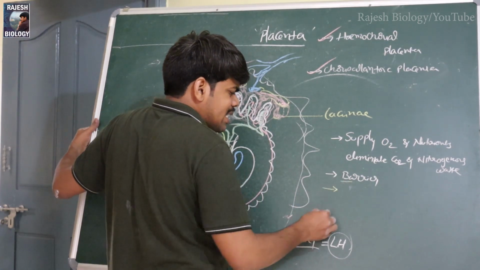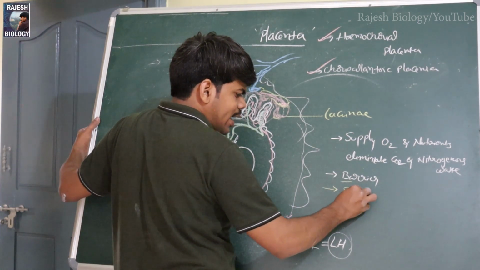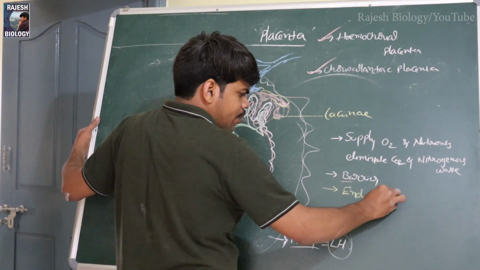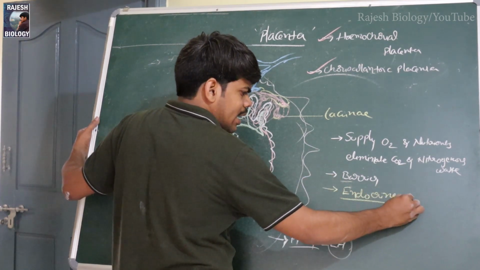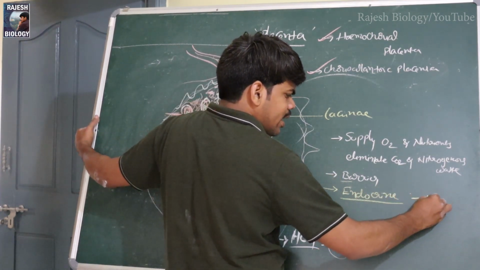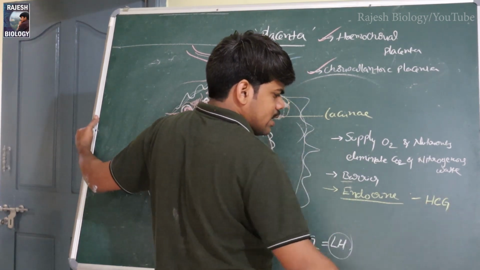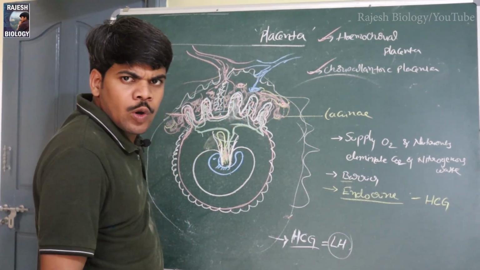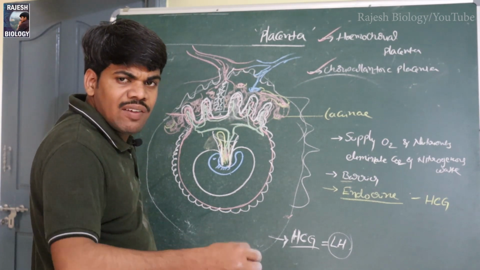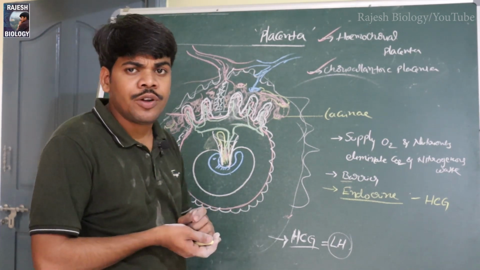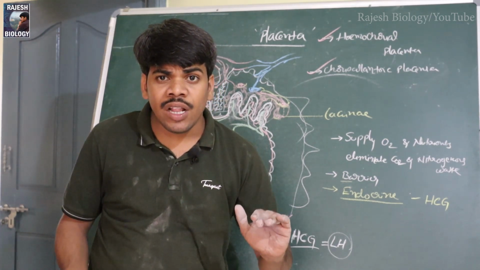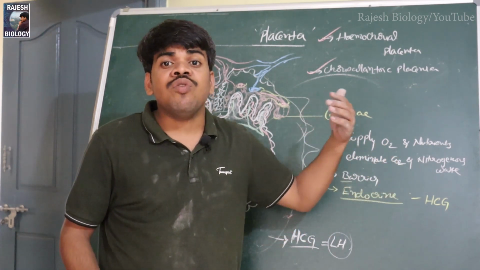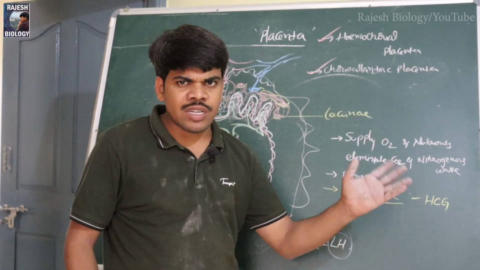And not only that, the placenta acts like a temporary endocrine gland. It is going to secrete a hormone called HCG, human chorionic gonadotropin, which acts like LH and helps in the maintenance of the corpus luteum. That corpus luteum will be maintained for another 4 months, that means the first trimester is completed.